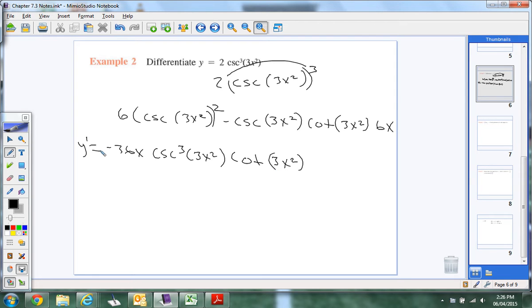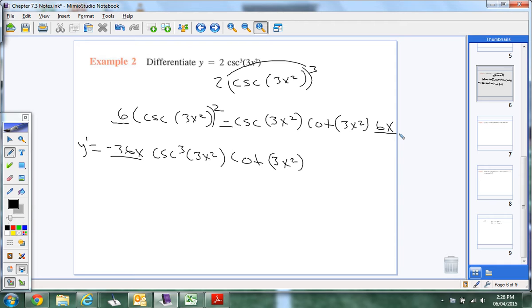Can you explain? Okay, so we had a cube here, right? And I dropped that down, gave me a 6. It left this one as a 2. When I took the derivative of cosecant, I got another cosecant out here. So cosecant squared and cosecant makes a 3. I had 2 and a 1. And just so you know where this came from, 6, -1, and 6x.